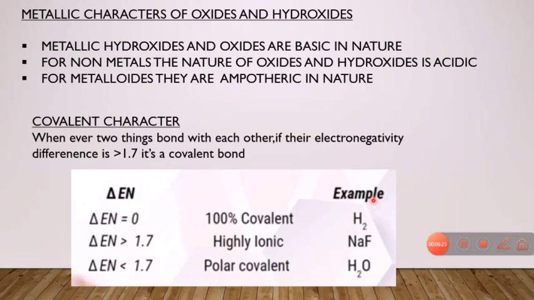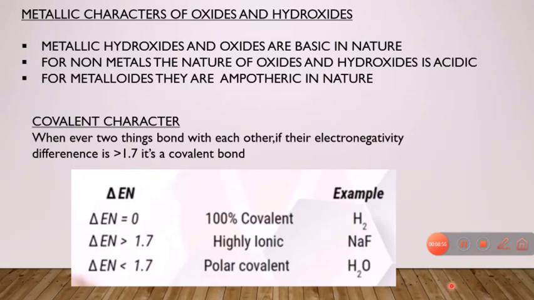When we consider covalent character, whenever two atoms bond, if their electronegativity difference is greater than 1.7, then it is a covalent molecule. When the electronegativity difference is lesser than 1.7, it's ionic, and when it is 0, it's covalent. This is not applicable for every case, but it's a way that you can easily study it.